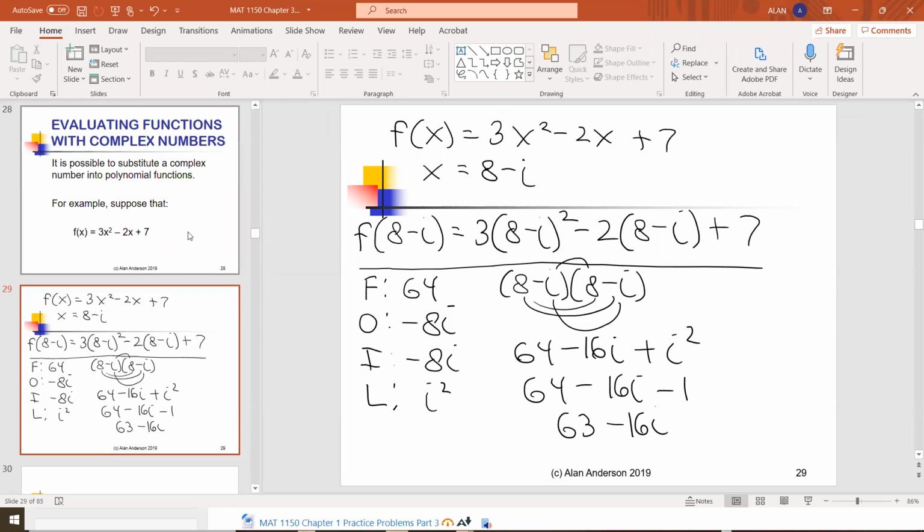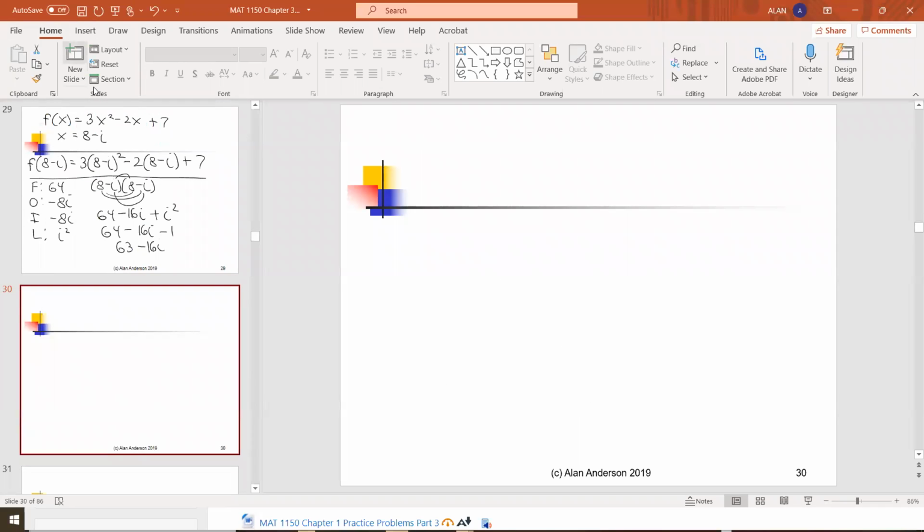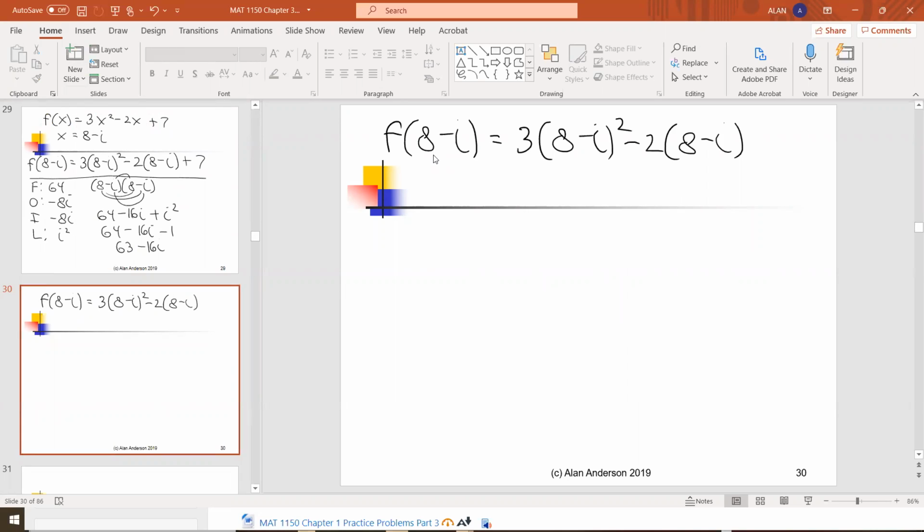Now that goes back up here into the square term. Let's see, I think we can write it all over again. I thought I might be able to copy it, but that's okay. So remember, this is what we're starting out with. And we know that this piece, we just got through showing that this is 63 minus 16i.